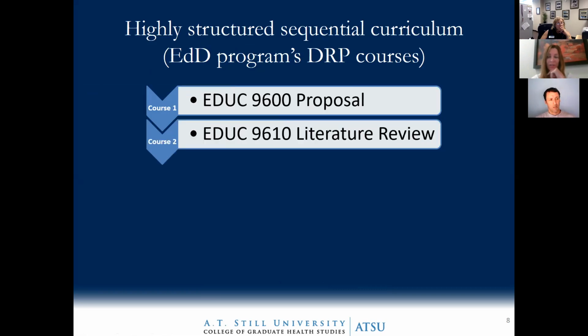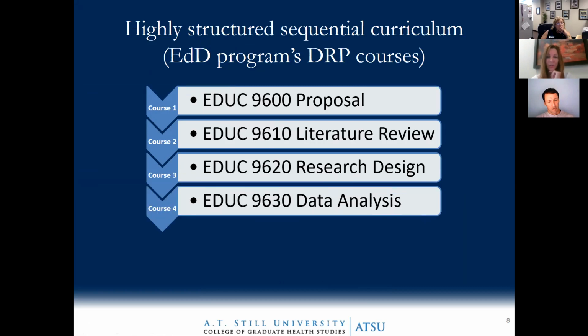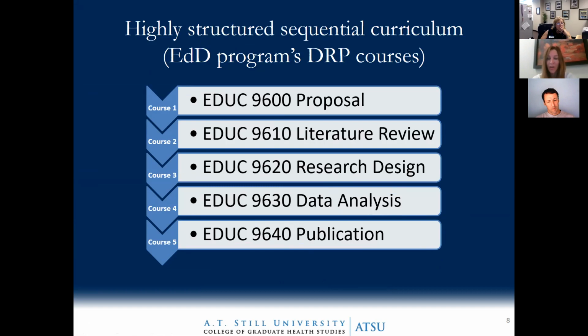The second course, they're conducting a literature review for the topic they chose. The third course is where they're putting together their research design and they start collecting their data. The fourth course is where they're learning how to analyze those data and actually analyzing those data. And then the fifth course is where they're compiling their DRP into another format that they can submit for publication, and then actually submitting it for publication.